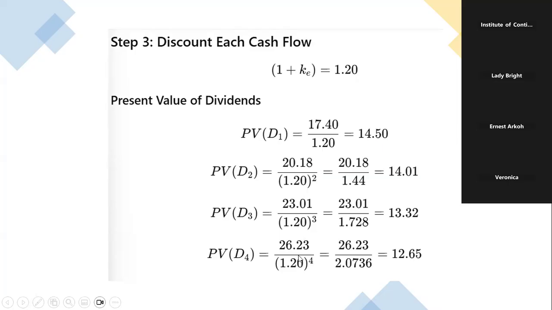Year 3, year 4, discounting by 1 plus KE. And it gives us 14.5, 14.01, 13.32, 12.6, and it goes on like that. So we get to the fourth year's dividend.